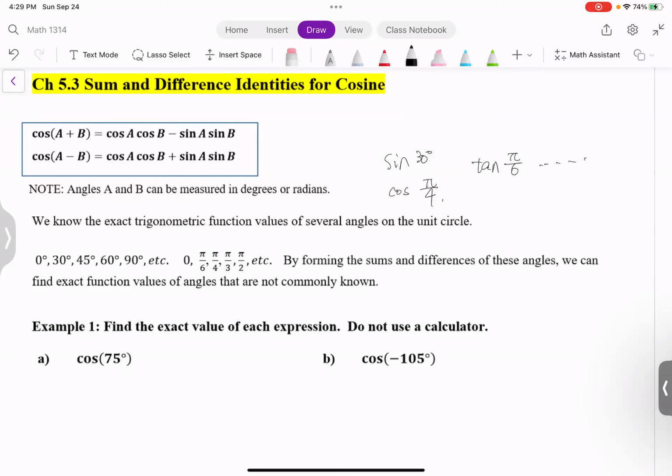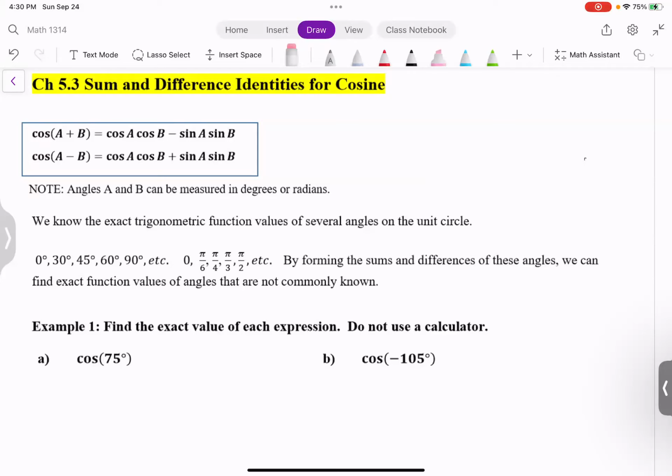But sometimes we are not lucky enough to have these special angle values, for example 0, 90 degrees, or pi. So these are all the special values. If I have an angle that is not special, I can use sum and difference identities to convert it to what we have learned.